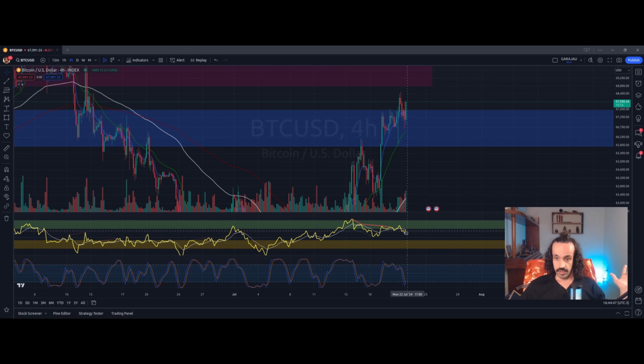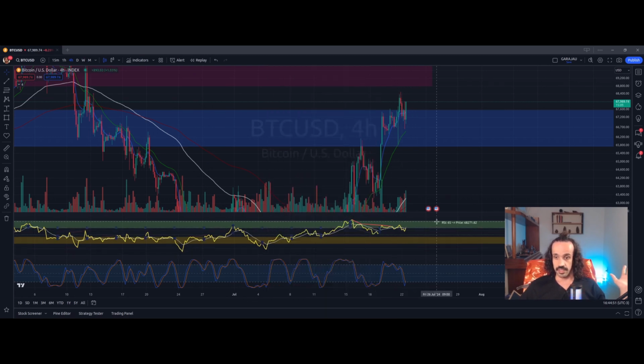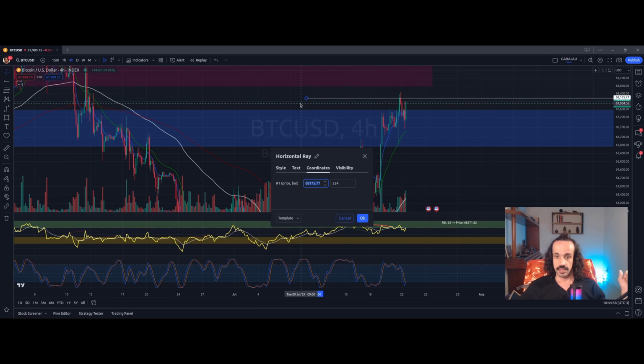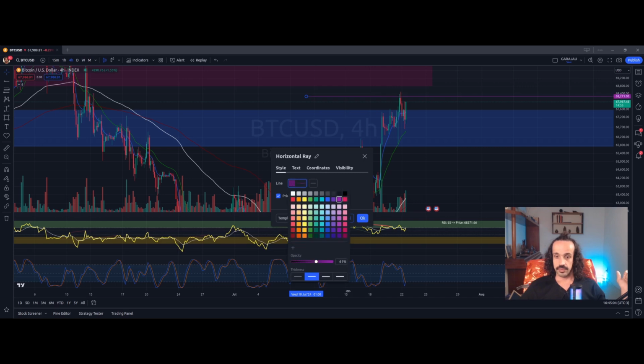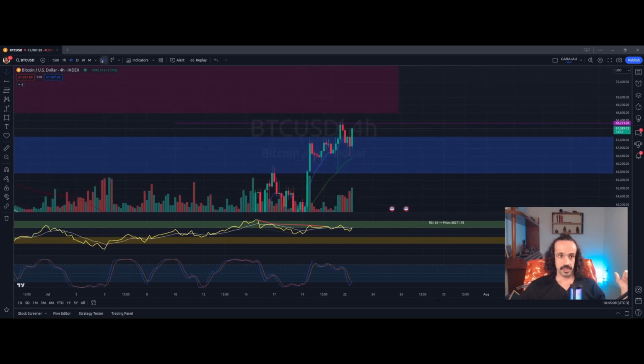And if we don't want to consider this as a possibility, let's see where the rejection point is for the 4 hourly: 68 to 71, and let's put this in purple.